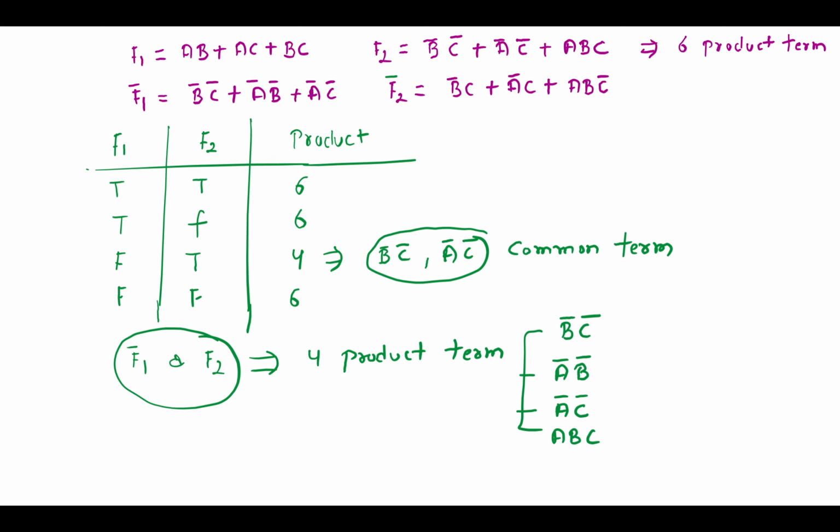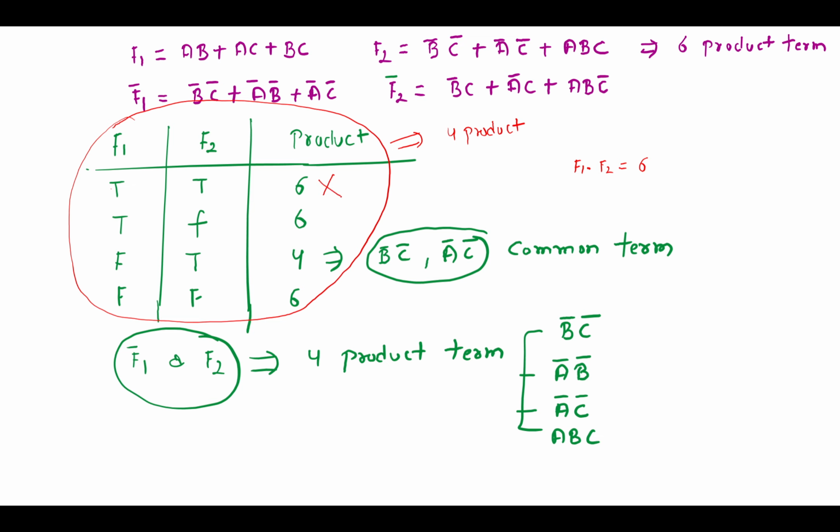After that we have to write this table, because this table is very helpful to decide the 4 product terms, because that is our need. We need 4 product terms only. If F1 is true, means F1 multiplied by F2, we get 6 product terms. So this is not useful.